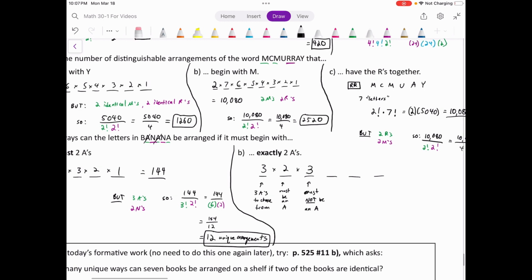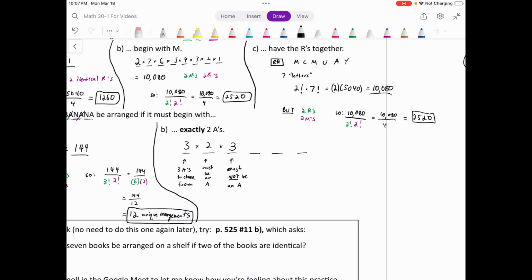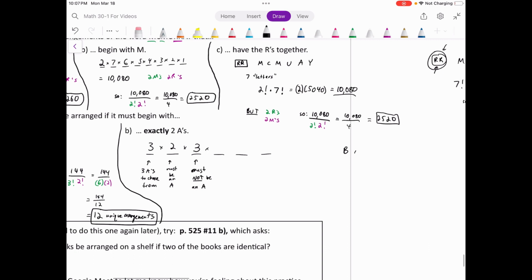Okay, now, how many do we have left to put here? Let's just keep track. We have B, A, N, A, N, A, right? We used 2 of the A's. Let's just say we used the B in that 3rd spot, right? Now in this spot, though, can it be an A? It can, right? It had to begin with exactly 2. So we did that. A, not an A. But now it can be an A again, because then it won't have begun with anything other than exactly 2 A's.